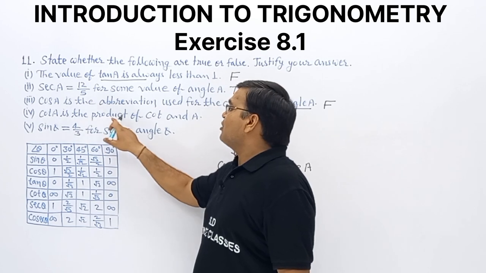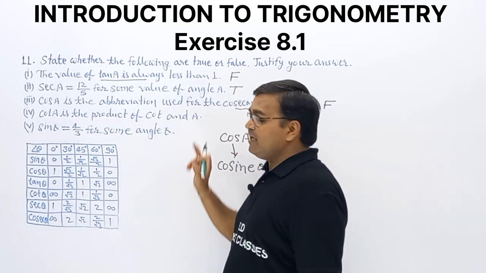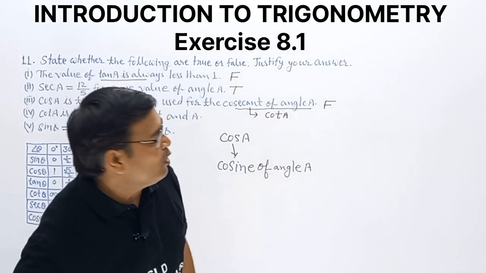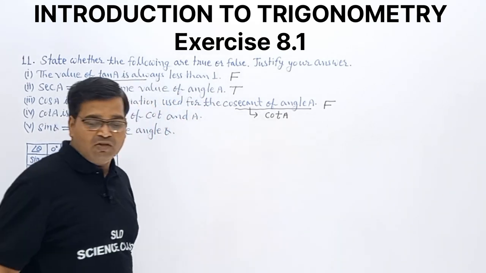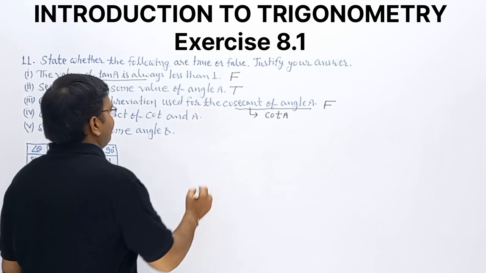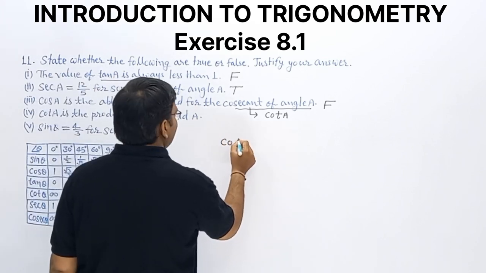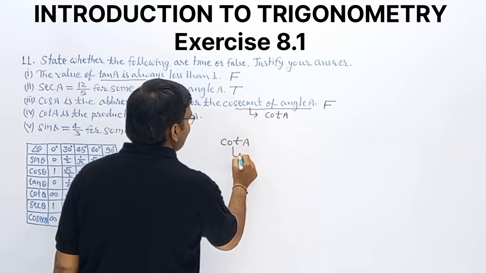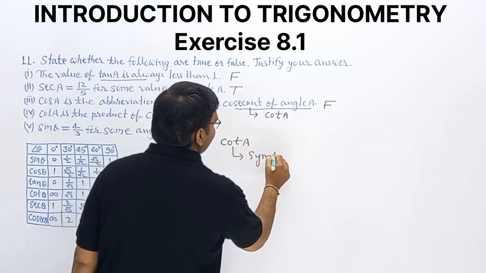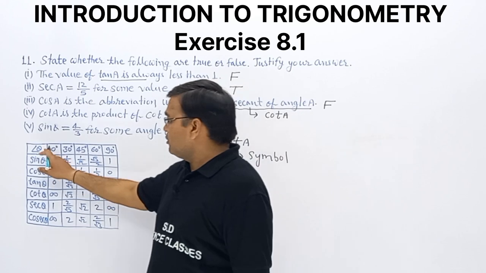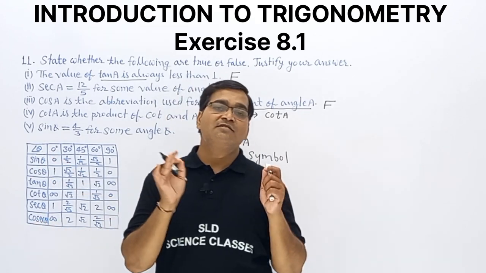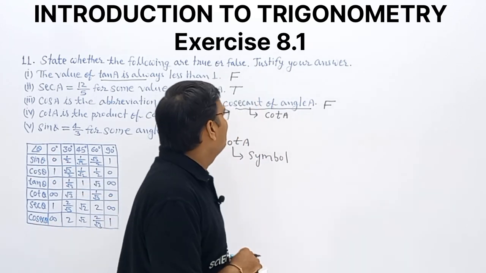Cot A is the product of cot and A. Observe, we studied already, we have 6 trigonometry ratios, and these all are symbols. Cot A is a trigonometry ratio, and this is a symbol.